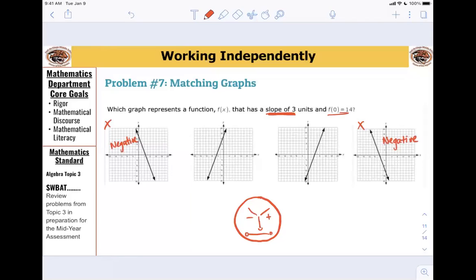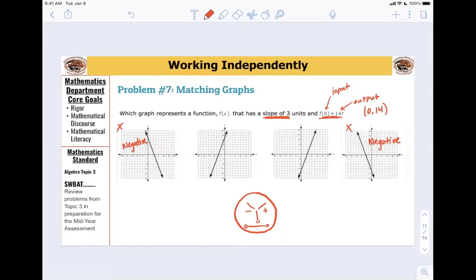Then it's telling me that f of 0 equals 14. When I say f of 0 equals 14, what is that telling me? Where it passes through the line. Mm-hmm. So if my input is 0, my output is 14, what is the coordinate point that refers to? 0, 14.